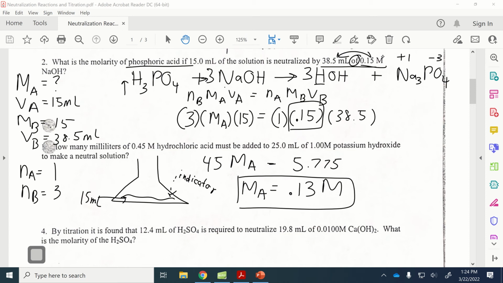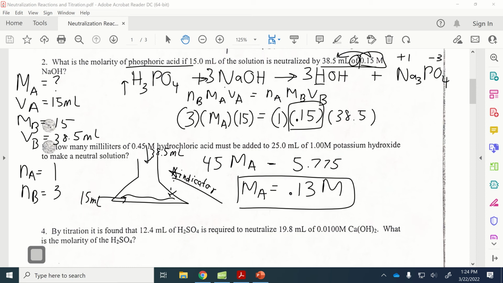And I would know that the sodium hydroxide is 0.15. What would happen is after 38.5 milliliters have been added, the indicator would change color. And that's where I know the reaction is over and I should stop. It took 38.5 milliliters of base to neutralize all the 15 milliliters of the acid.